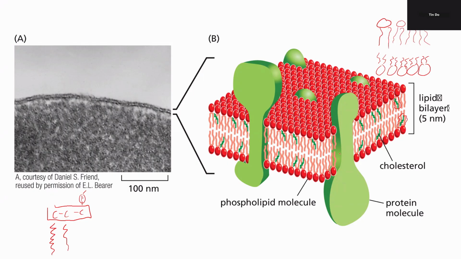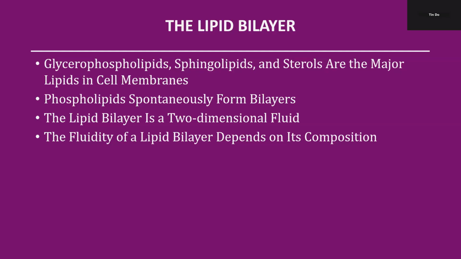All these proteins are not staying put like you see on the screen. They're actually flowing back and forth like a bowl of soup. Things are moving back and forth. They're never stationary. They might be stationary for a couple microseconds or even milliseconds, depending on the need, but it will still be moving. So it's always in movement and it's a two-dimensional fluid.